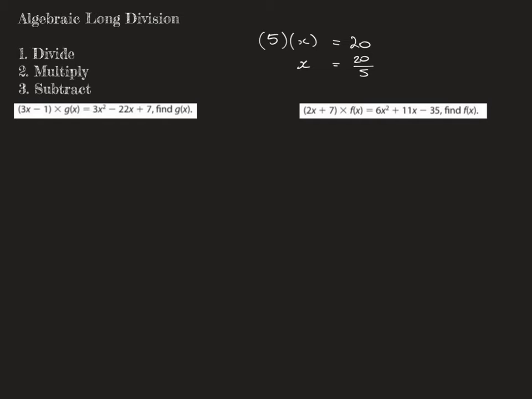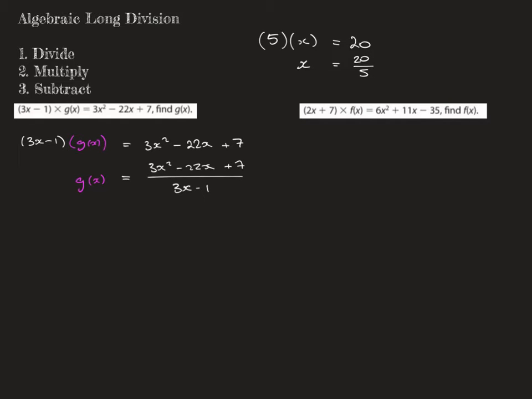So if I have 3x minus 1 being multiplied by g of x equal to 3x squared minus 22x plus 7, to find out what g of x is equal to, I need to divide the right hand side by 3x minus 1. Okay, so it should follow the exact same logic.